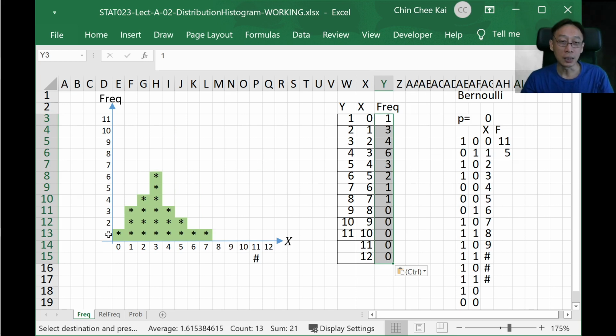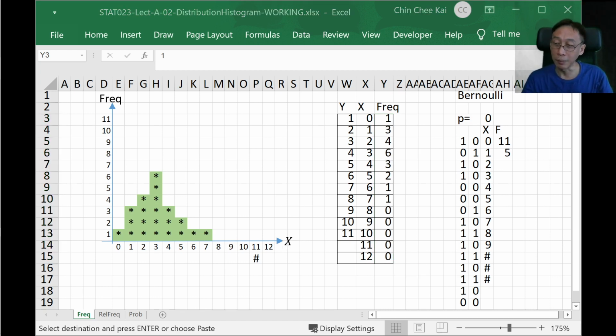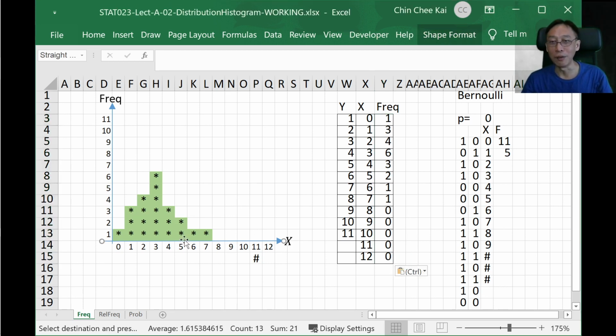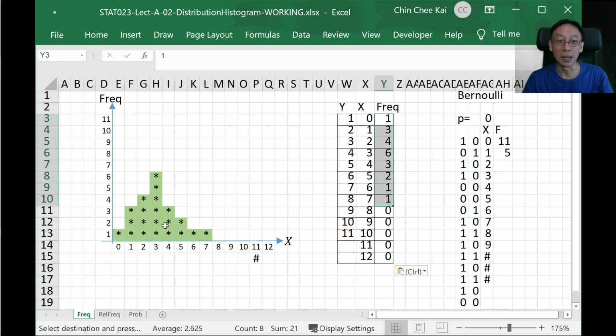In that case, the average should be somewhere between 2 and 3, 2.5 there. If I continue to do the experiment many times, in this case, my experiment was done for just 21 times, so it's not going to average to 2.5, but the more experiments I do, the more I'll be able to get 2.5.